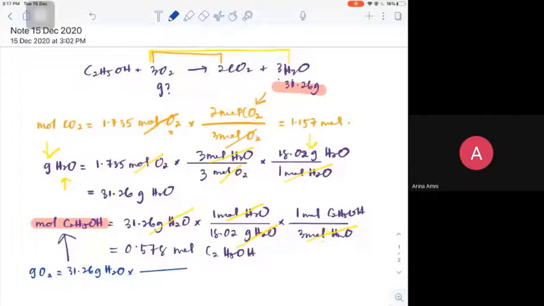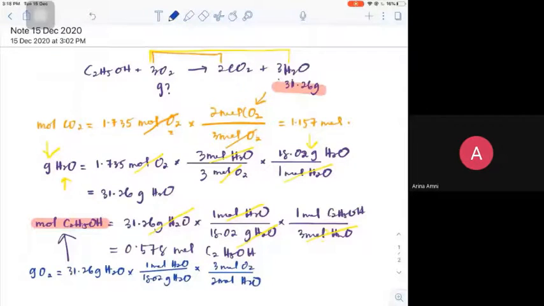Darab dengan molar mass. Denominator dia 18.02 gram H2O. Okay. Atas dia 1 mole H2O. And then darab dengan 3 mol oksigen per 3 mol H2O. 3 mole of O2, 2 mole of H2O.